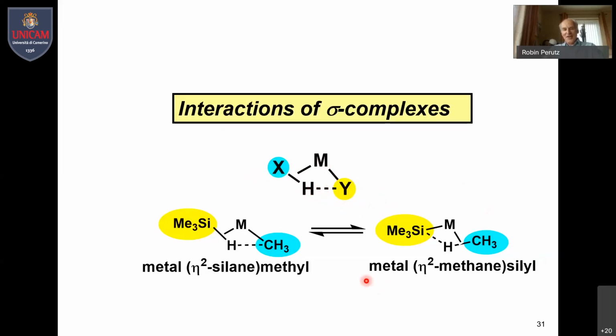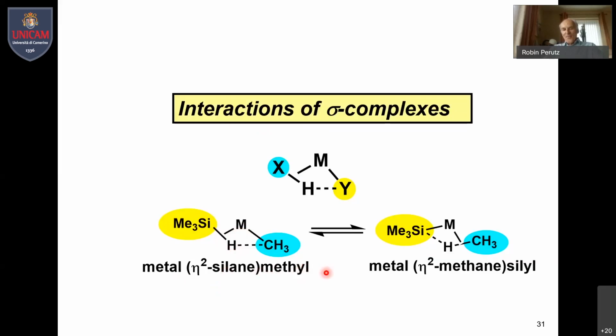So here's an example. We have a metal and a silane complex. We would call that an eta-2 silane, where the silicon hydrogen is bonded to the metal. And we have another ligand, methyl, and that interacts with the hydrogen. So this is a metal eta-2 silane methyl complex.